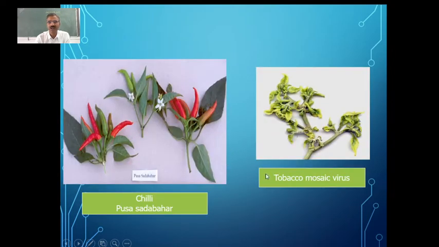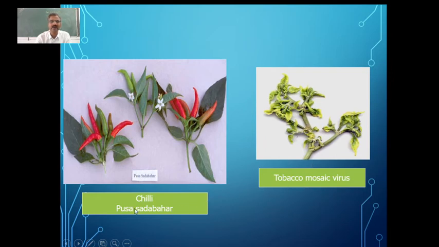Then chilli is affected by chilli mosaic virus, especially whenever they are exposed to more cold conditions. If wetness or dampness is more, they are affected much in this case.